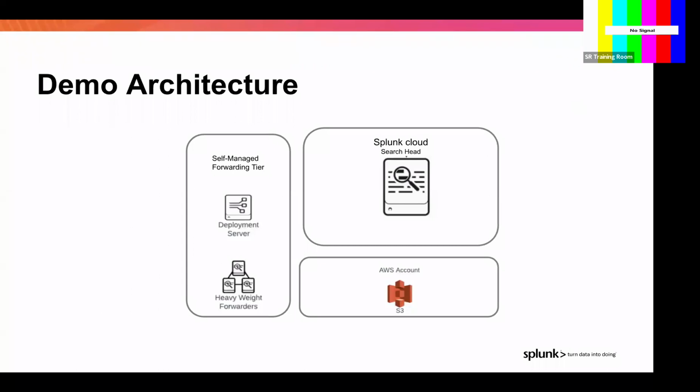Mainly for this demo, I'm going to use the deployment server and the Splunk searcher. And lastly, I want to route the events using Ingest Actions to AWS S3. So I've created a bucket inside S3 so that I can store the events after routing.